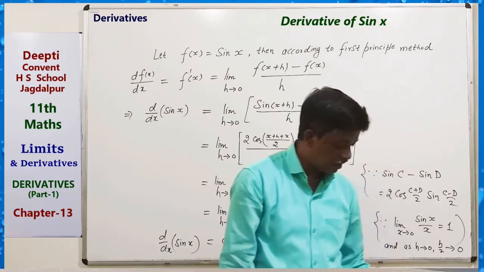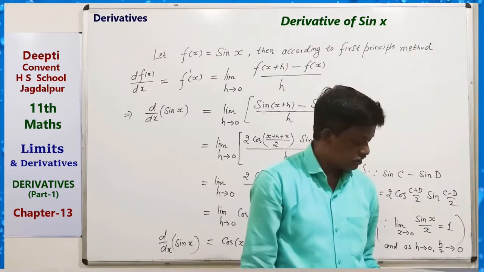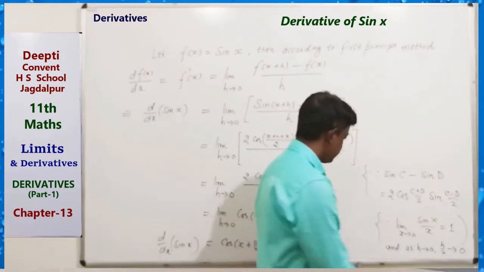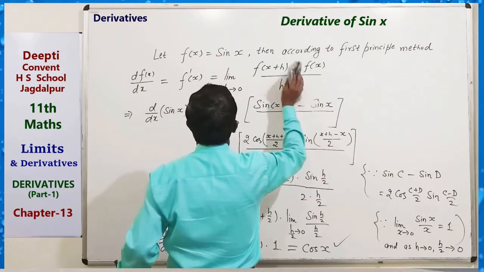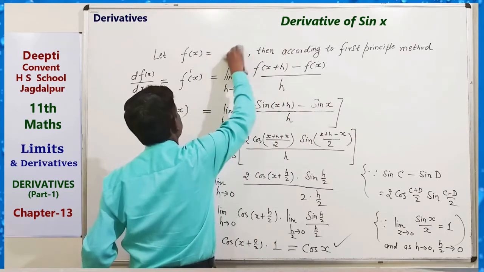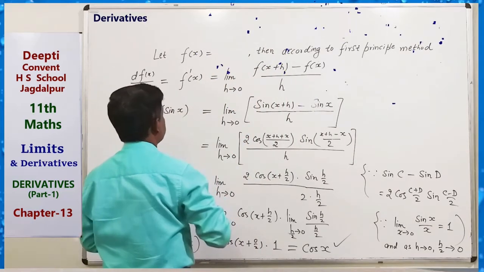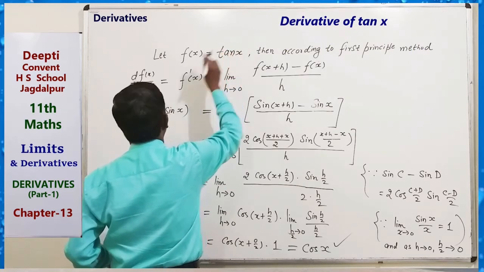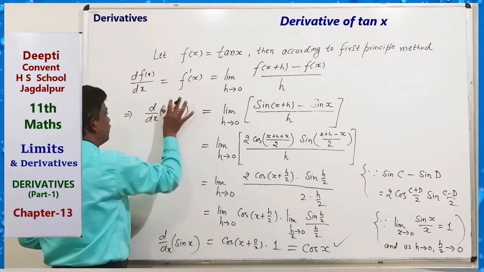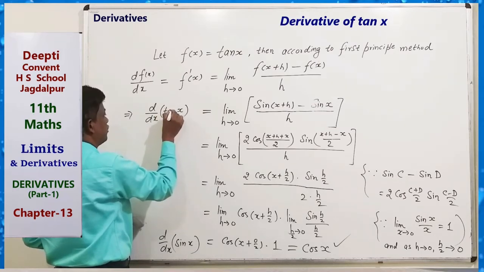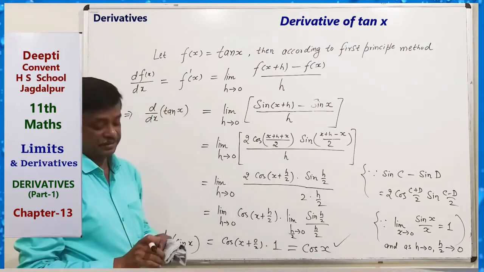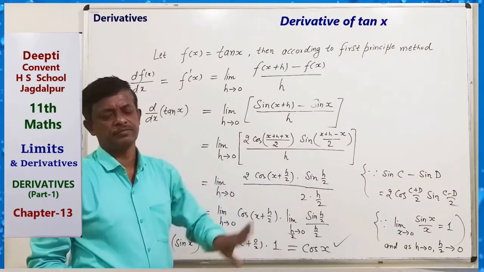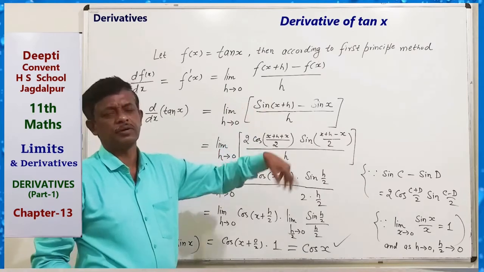So how can we find the derivative of tan x? There are 6 trigonometric ratios or trigonometric functions, and we can find the derivatives of all these trigonometric functions.